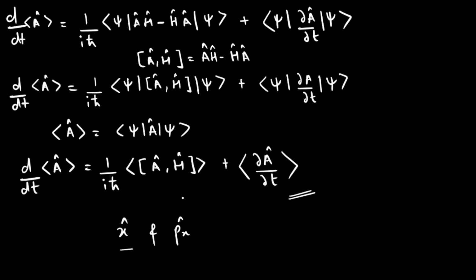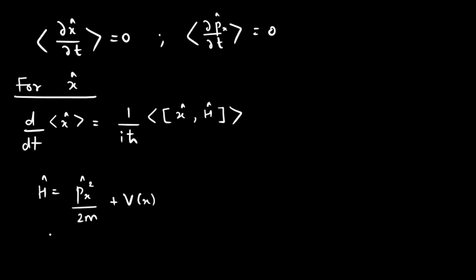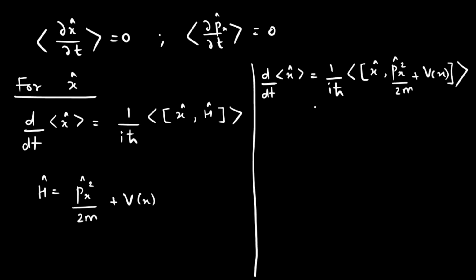So now let's write this general equation for x cap and later for px cap. The Ehrenfest equation for a position operator x cap is given by this equation, and since the expectation value of dou x by dou t is 0, we can neglect this term. Now let's take our one dimension Hamiltonian for kinetic energy px square by 2m and scalar potential V of x, and putting this value of our Hamiltonian in this commutation, our expression for x cap becomes this equation.